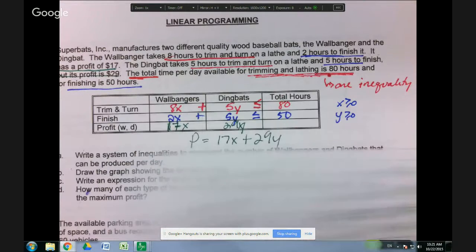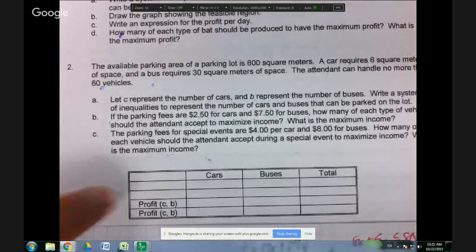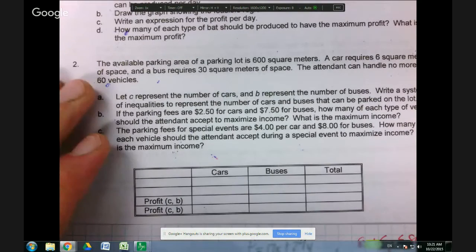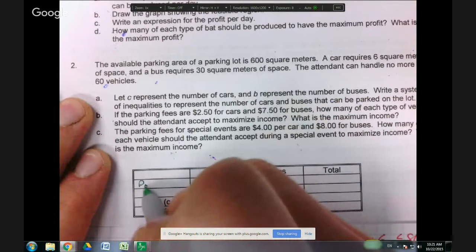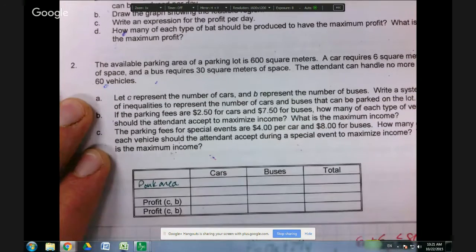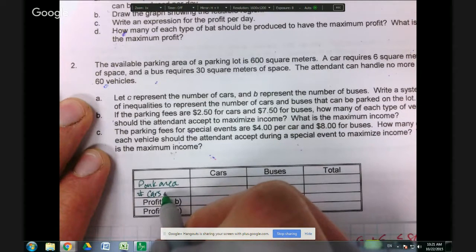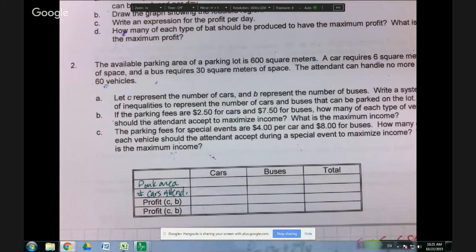Okay, number 2, I want you to give it a shot. Now, I didn't fill in the table here. Let me give you some clues. So we have a total parking area. And then the number of cars the attendant can handle is another total.